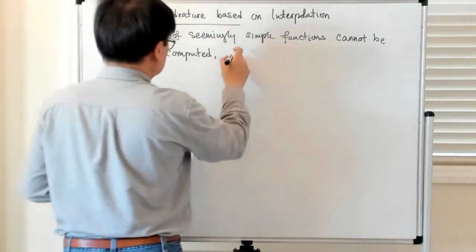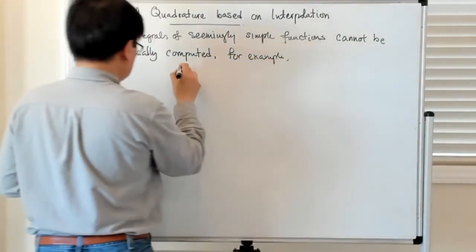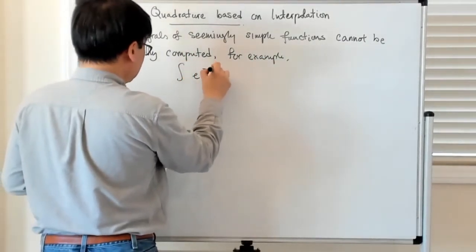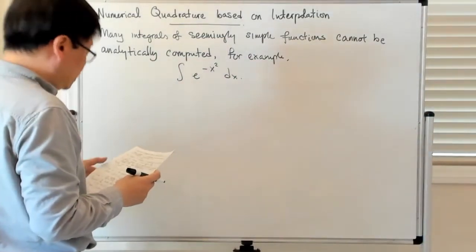So for example, the integral of e to the minus x squared dx. That's something which you can't analytically compute.